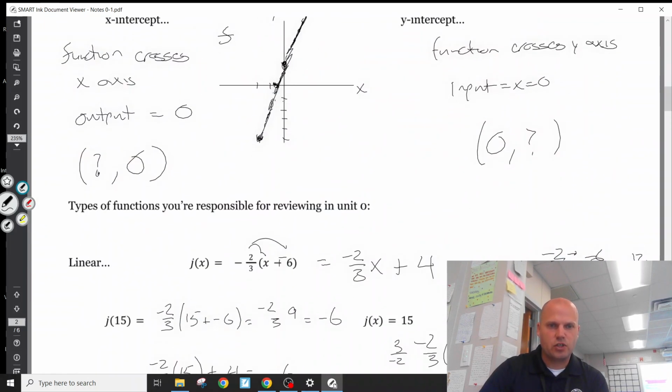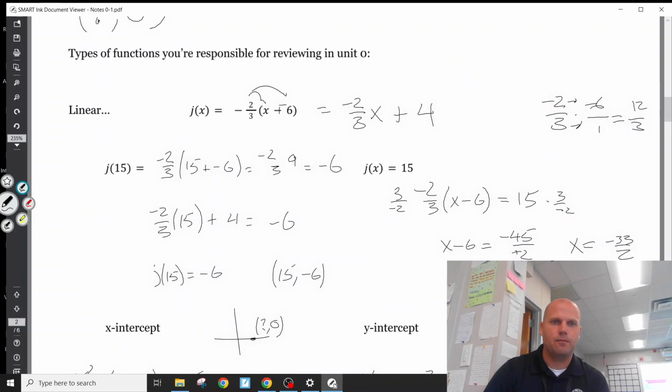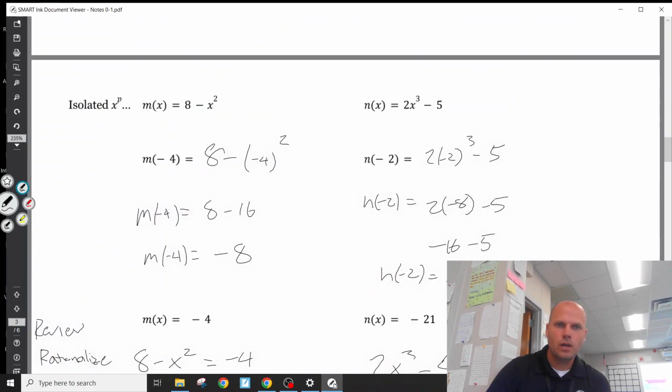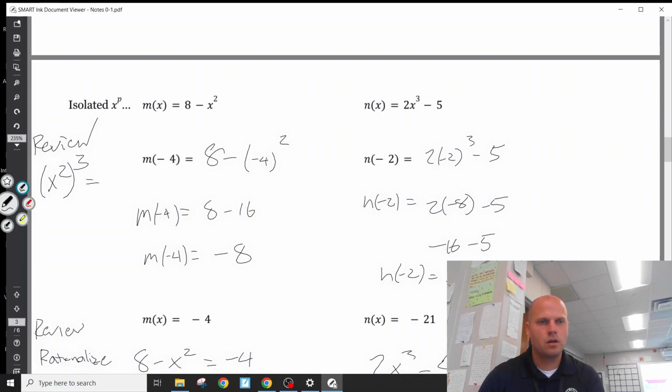These are the types of functions you need to review. Like linear functions, be comfortable with fractions. X to powers, and what I'm going to review is x to a power, which is why if you have an x squared to the 1/2, you get x to the first.